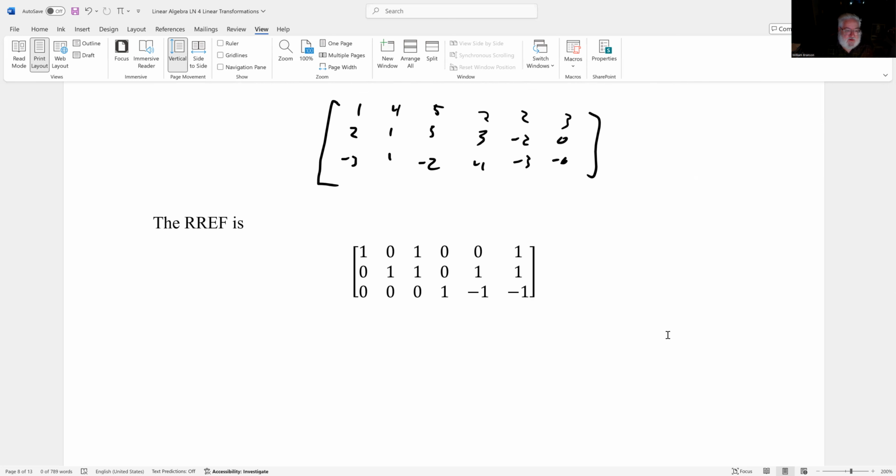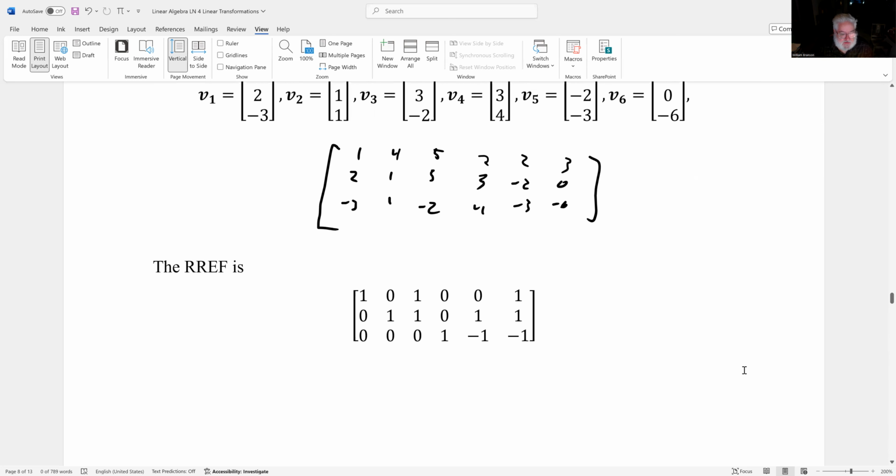If we call this V1, V2, V3, V4, V5, this tells us that V3 equals V1 plus V2. So this column is this plus this. And this column, which is V4, is V2 minus V3.